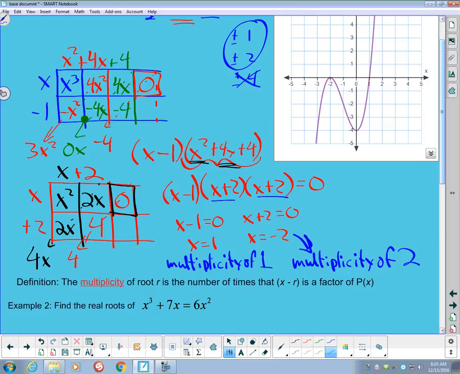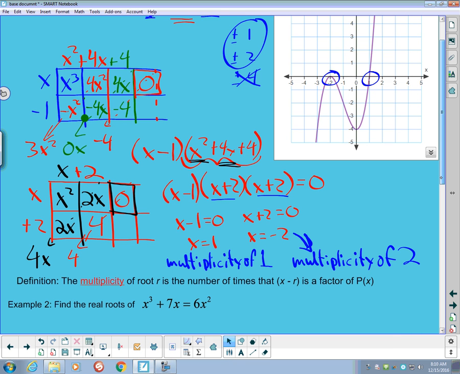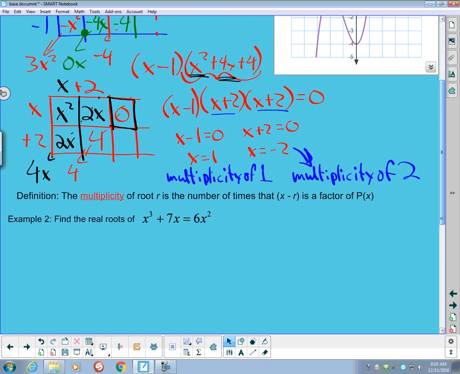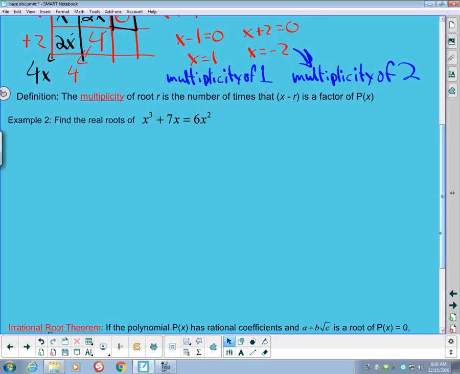And though we're not completely ready to talk about it right now, we get some idea of what that multiplicity of 2 does versus a multiplicity of 1 when we compare where these roots are on the graph. And so there's our first example of finding the real roots of polynomials.